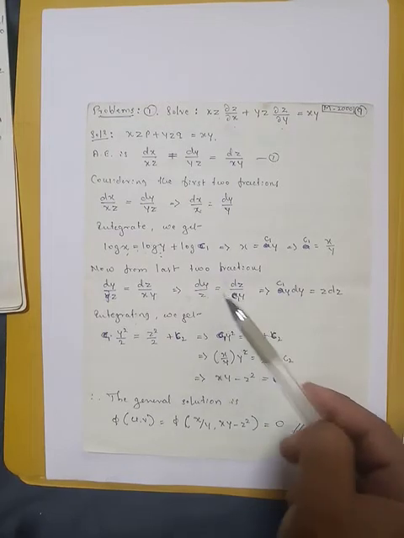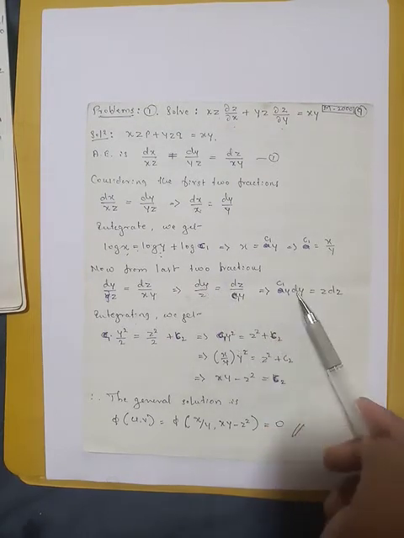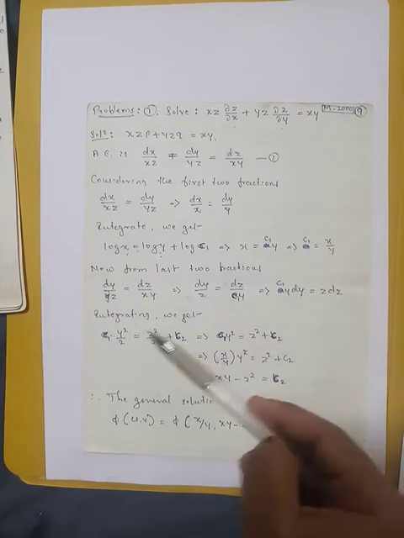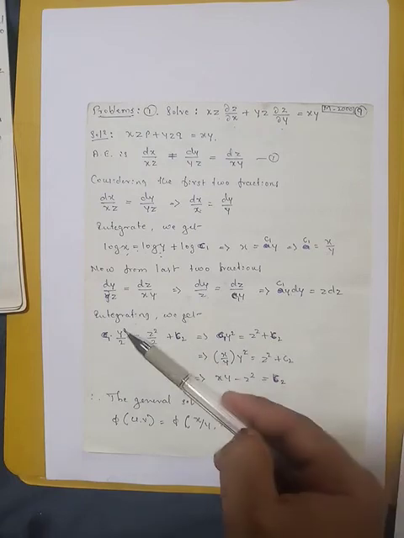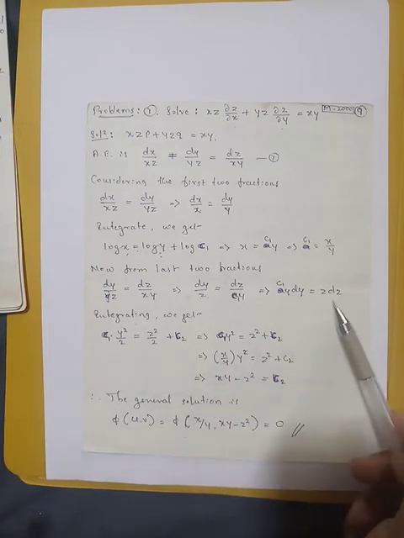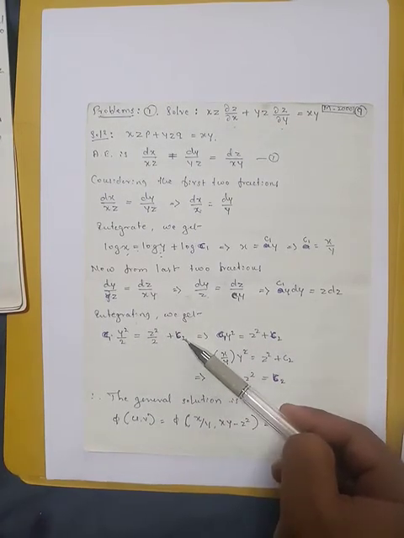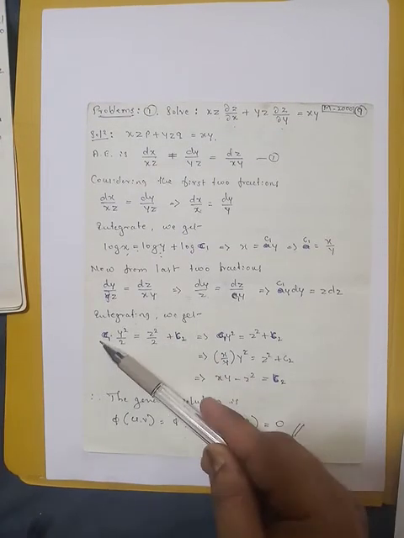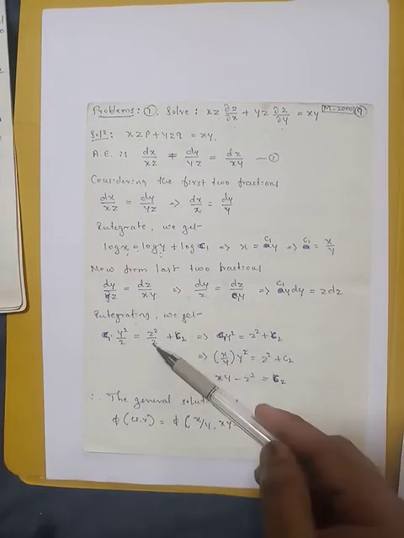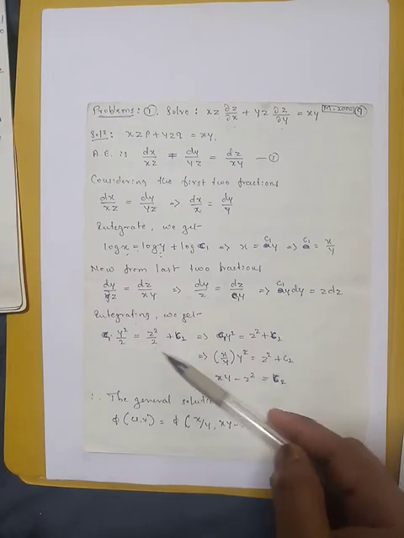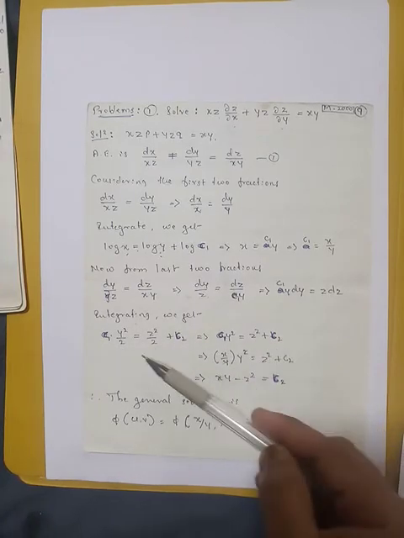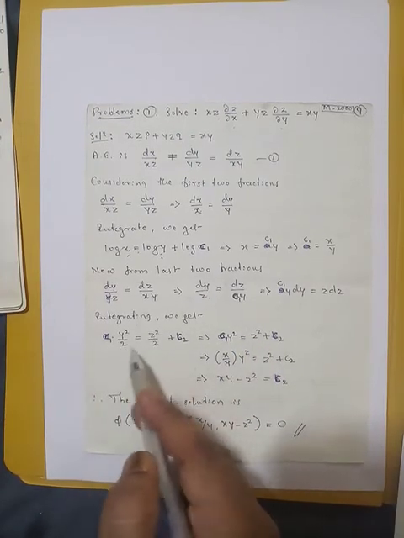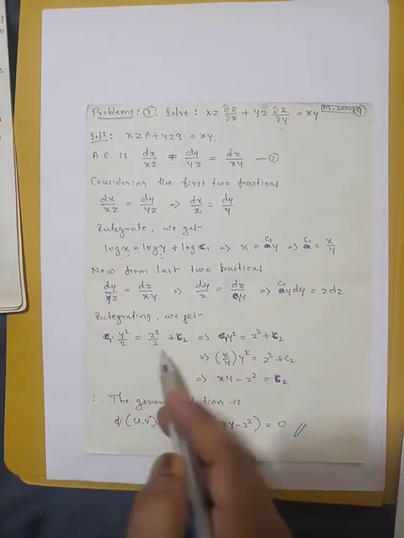Then on separating the variables, c1 into y dy equal to z into dz. So this you can integrate. The integration of y is y square by 2, into constant c1, equal to z square by 2 plus an integration constant. Then taking the LCM, c1 y square equal to z square, or you can cancel 2 on both sides.